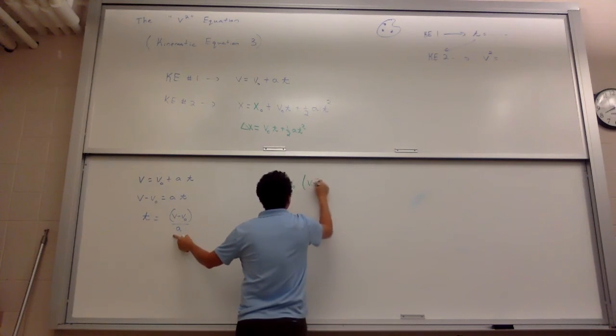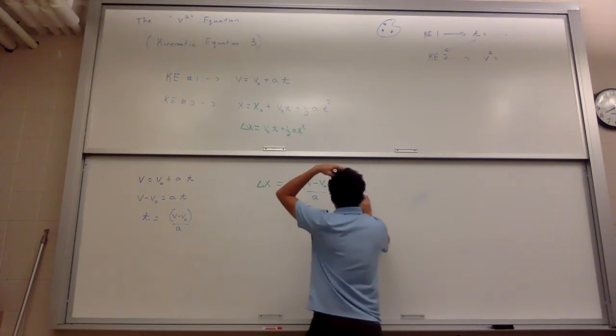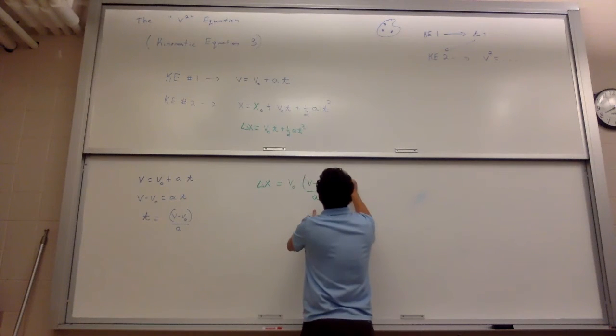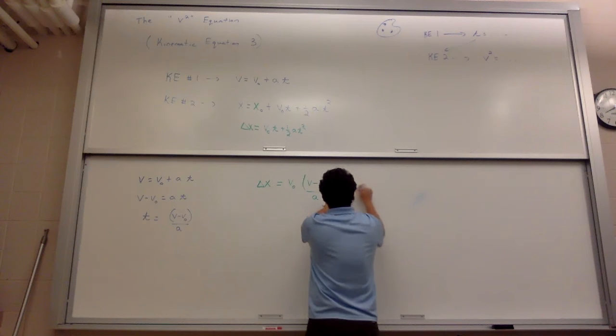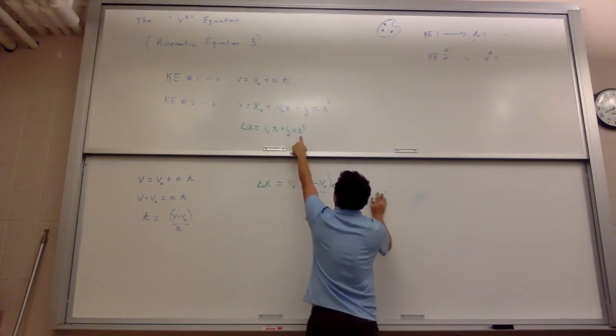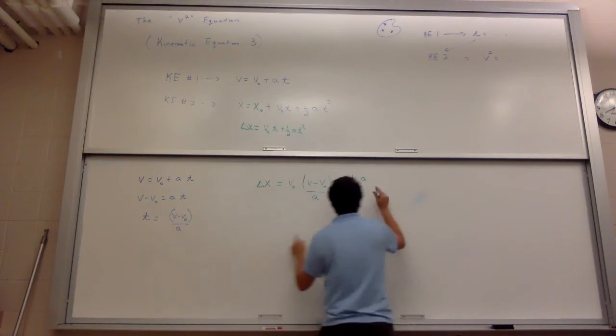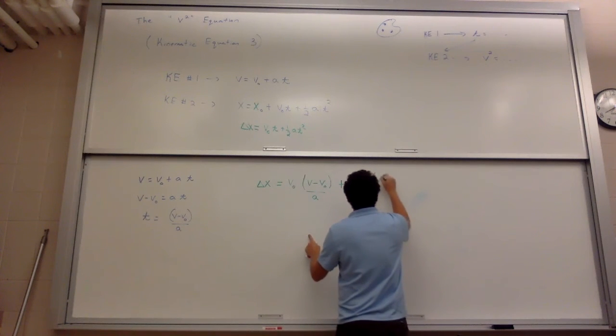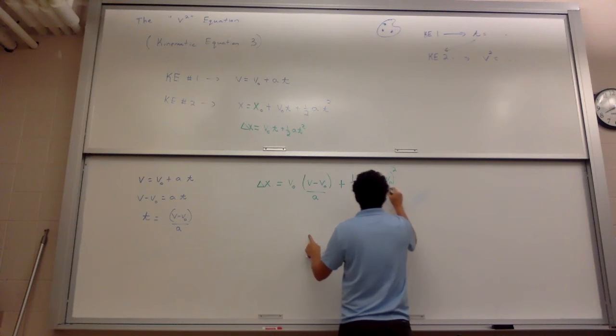Ooh, that looks ugly. I promise, though, it cleans up a bit. But it is a little ugly. I will grant you that. Plus 1/2 a times time squared. Holy crap. Let's square that. So that's v minus v initial squared divided by a squared.